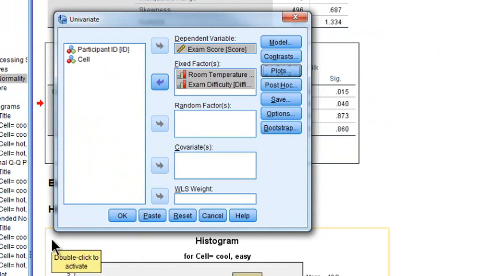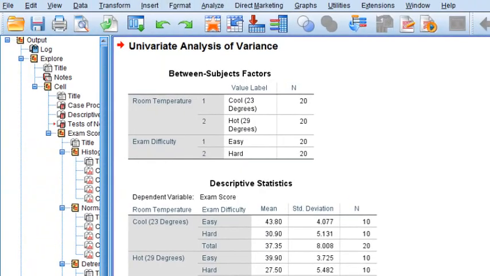We could look at simple effects, but actually in this case we don't need to because we only have two levels of each independent variable. So we'll talk a little bit more about that when we get the results. So let's click OK. And here's all of our output.